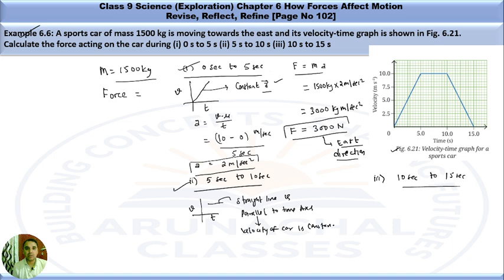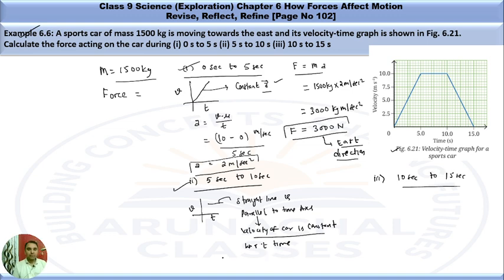There is no change in velocity with respect to time. So velocity is not changing. When there is no change in velocity, acceleration will become 0.